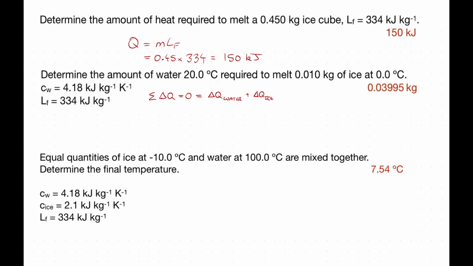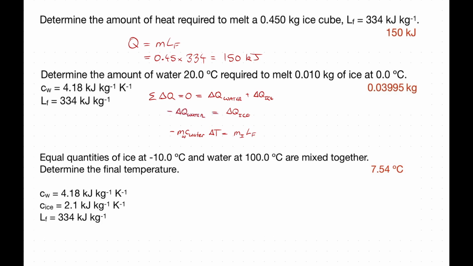As there's no loss of energy, we can now solve for this so that the Q of the water as a negative is going to be equal to whatever energy is gained by the ice. So we're going to have minus our MC of water times the change in temperature is going to be equal to the mass of ice times its latent heat of fusion.